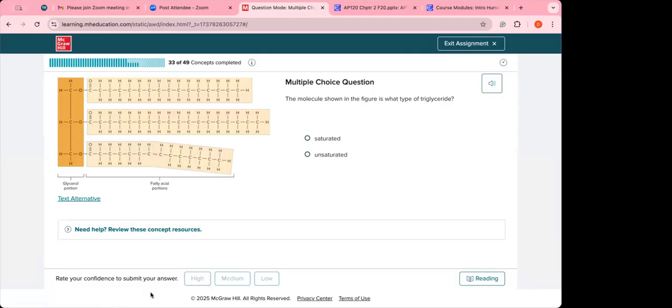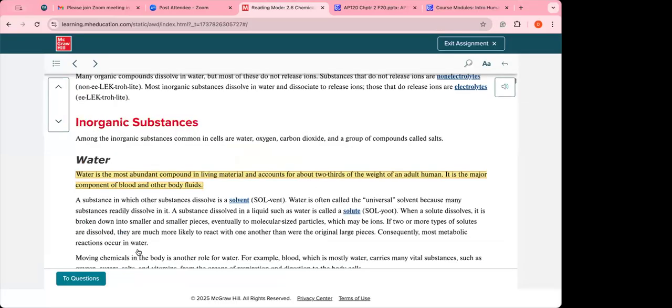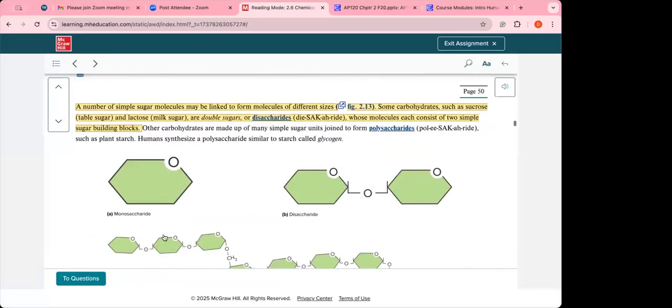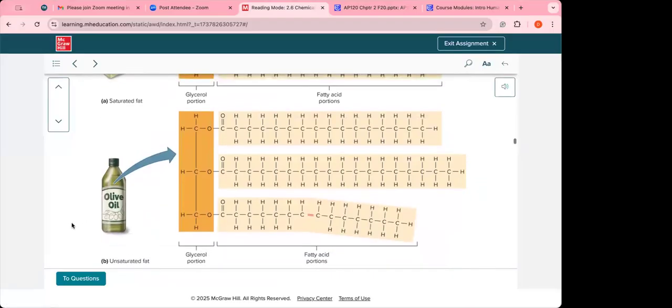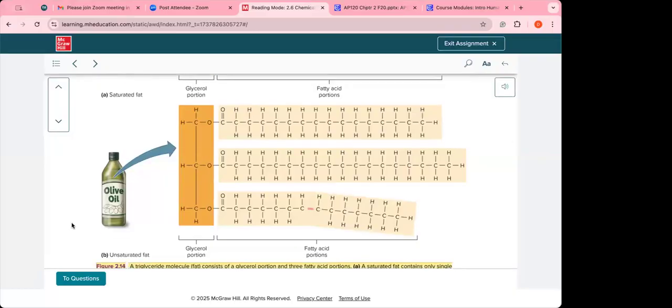Okay, now this one is the broken off chain. Remember, so it's a fat. Remember which one this was? If you don't, you can look back. It's in the picture with the oils that we had. So if you scroll down, okay, look, see the one that's broken? Look at the caption. It says it's olive oil and it says that it's unsaturated.